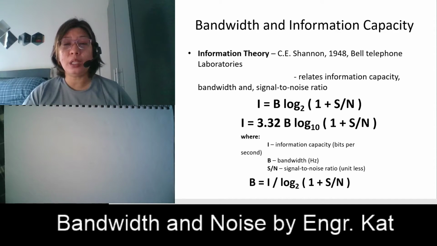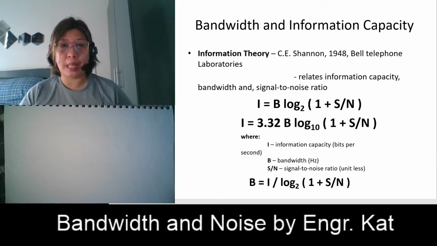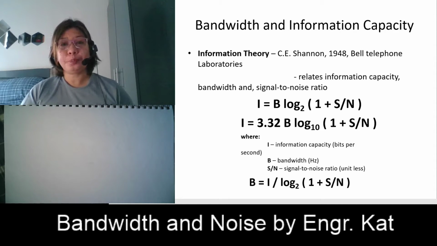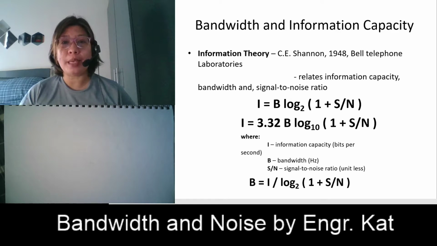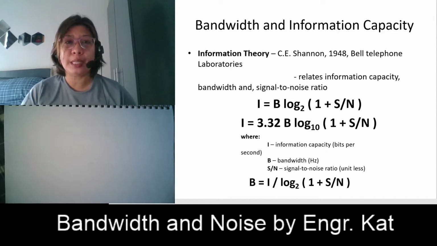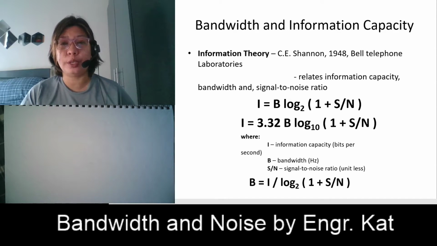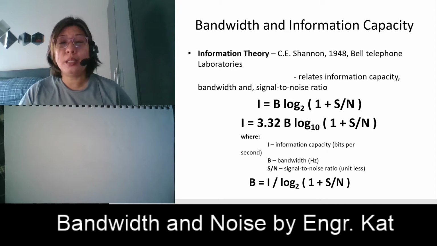This 3.32 comes from converting base 2 to base 10. So we can solve for the information capacity, which is directly proportional to bandwidth and signal to noise ratio, or we can solve for the bandwidth just by dividing the information capacity by the logarithm to the base 2 of 1 plus signal to noise ratio.